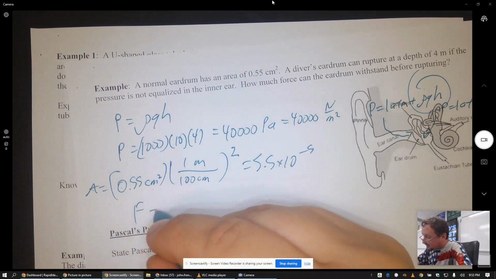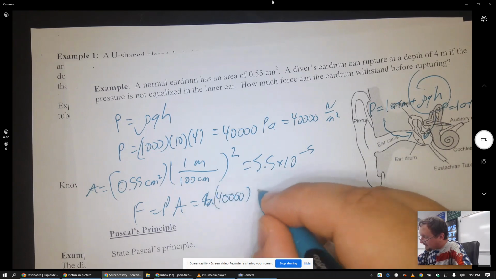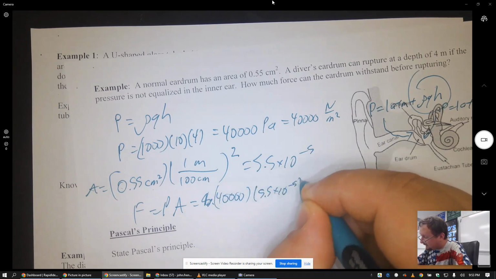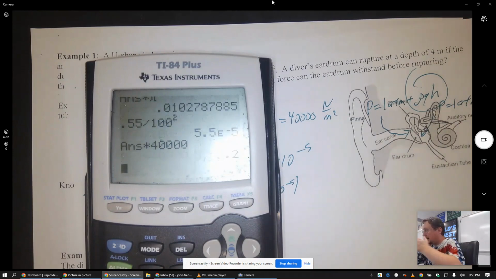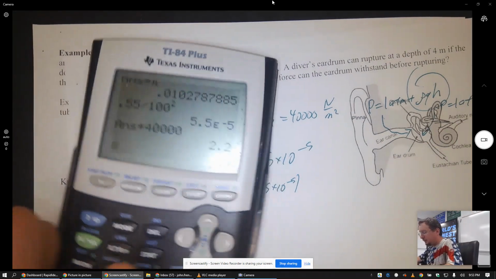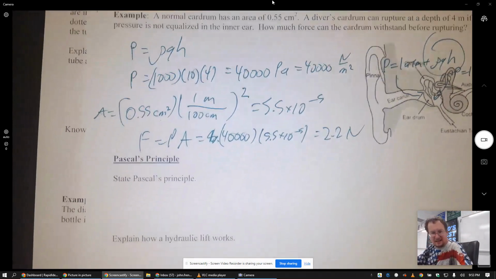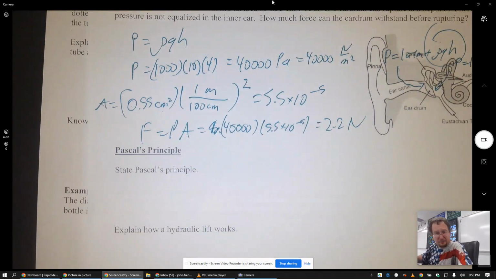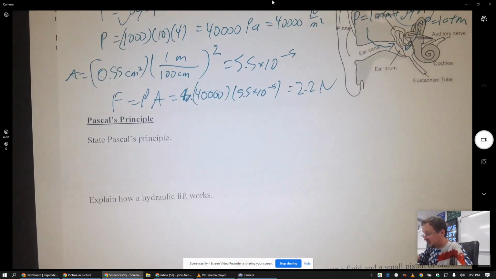So the force, pressure times area, is 40,000 times 5.5 times 10 to the negative 5. It's going to be about 2.2 newtons, which is like half a pound. It takes about half a pound to rupture your eardrum. So be careful with that Q-tip.